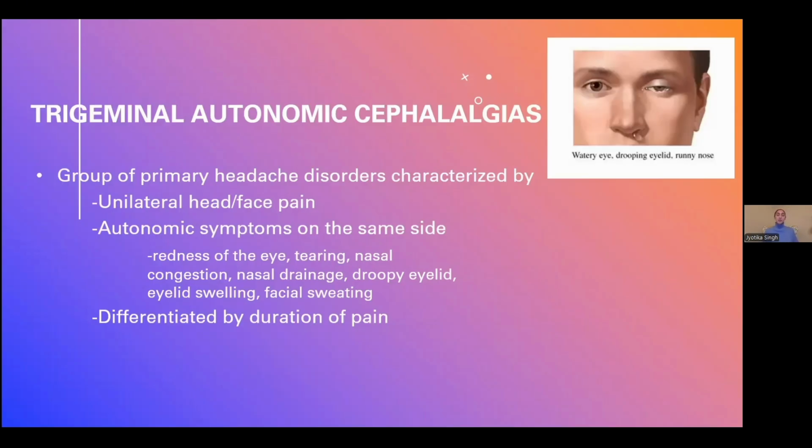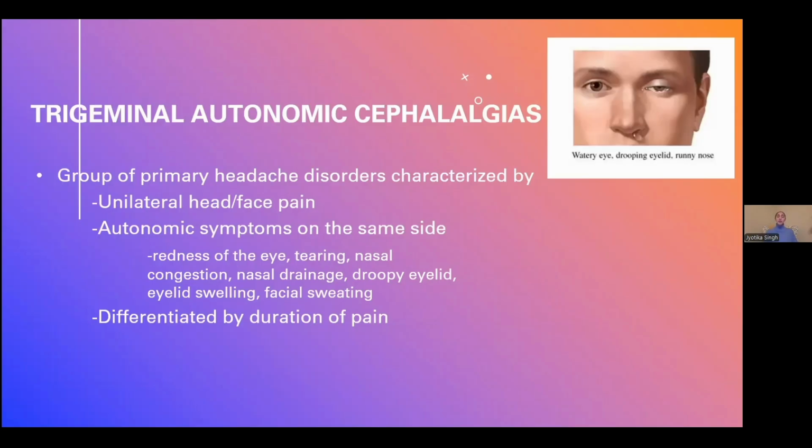These headaches are characterized by unilateral head or face pain, and they have autonomic symptoms on the same side. Autonomic symptoms constitute redness of the eye, tearing of the eye, nasal congestion, nasal drainage, a droopy eyelid, eyelid swelling, or facial sweating. And this happens on the same side of the pain, like I said.